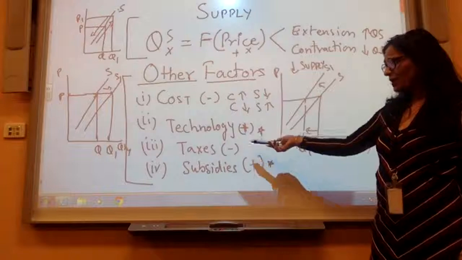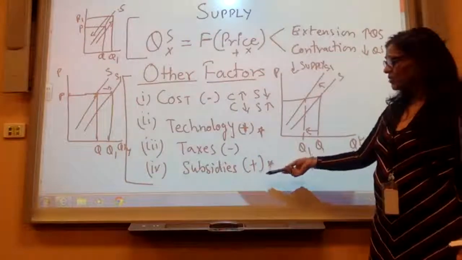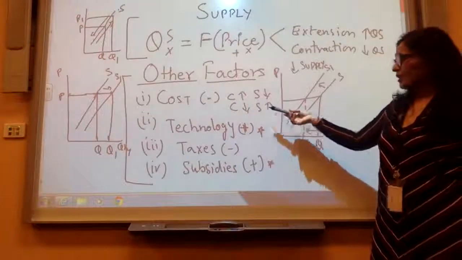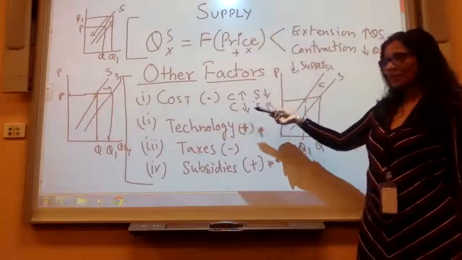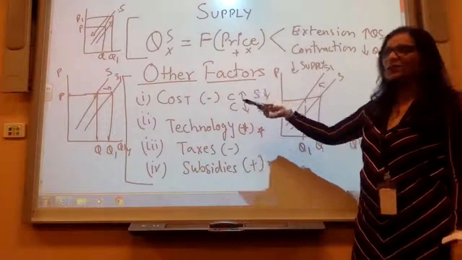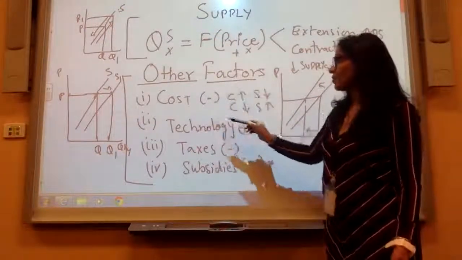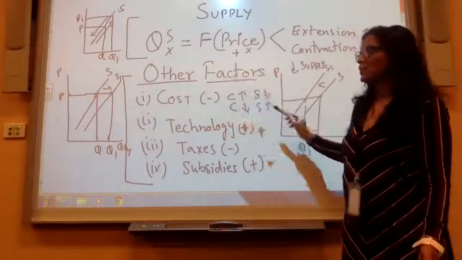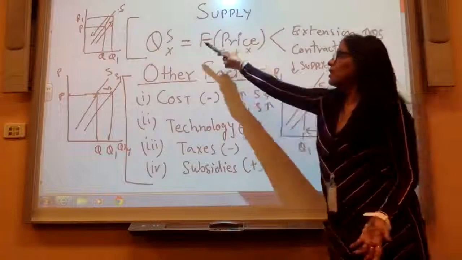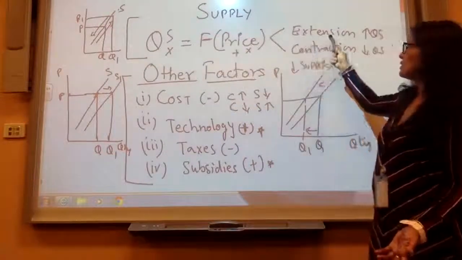You can easily relate technology with supply, and subsidies with supply. Cost of production is a very simple fact to understand, common sense: if the cost of production goes up, you're going to supply less. You may want to relate to that if a question comes on the differences between an increase or decrease in quantity supplied and in supply.